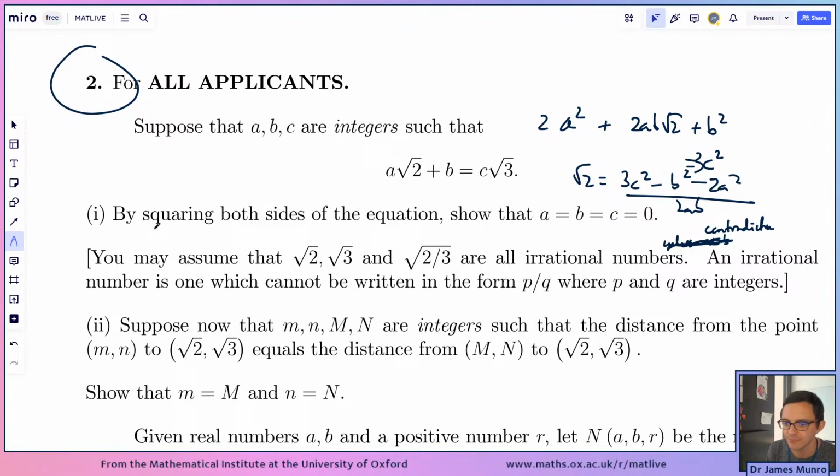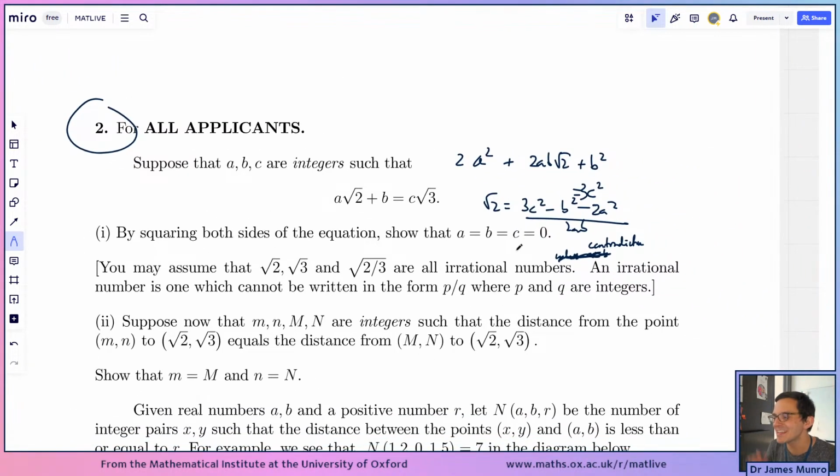Let's say, okay, so it's that thing where it's almost fallen apart. So it's this if 2ab is not 0, but that's nonsense, that's a contradiction, because root 2 isn't rational, can't write it as a fraction.